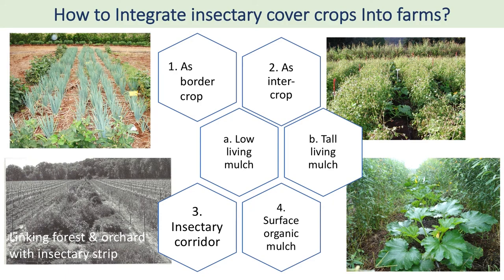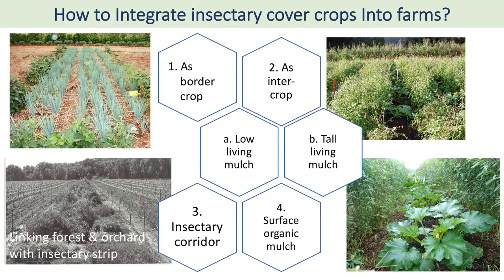They can be grown as a low living mulch or a tall living mulch, such as sunhemp intercropping with the zucchini will attract the whiteflies and distract them from getting to the zucchini. Or you can grow them as an insectary corridor. Here's a picture of a vineyard. The researchers here are growing a strip of wild insectary strip, linking the natural forest at the end of the vineyard into the vineyard's cropping system.